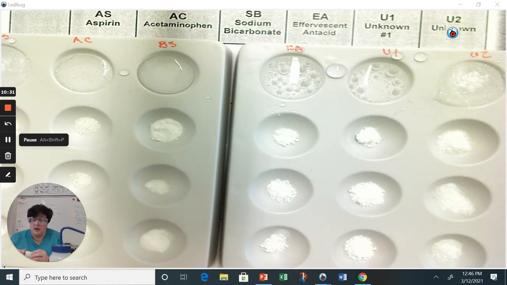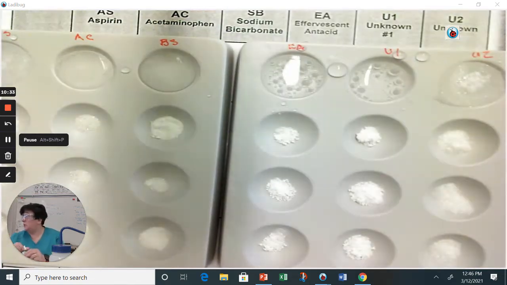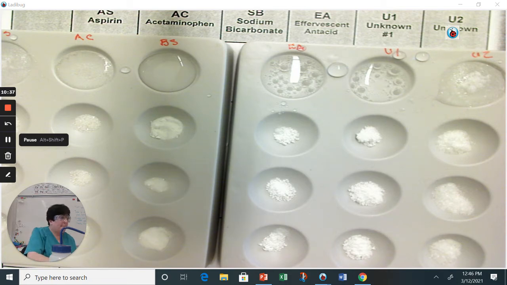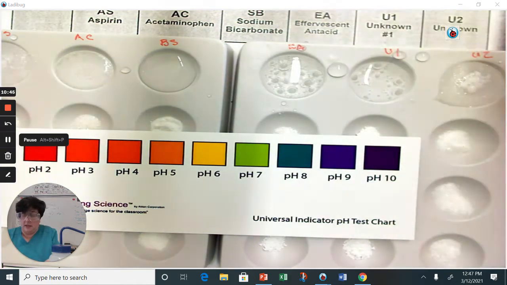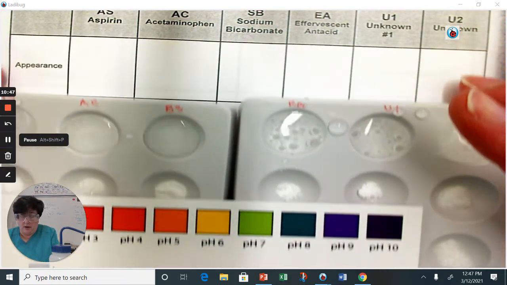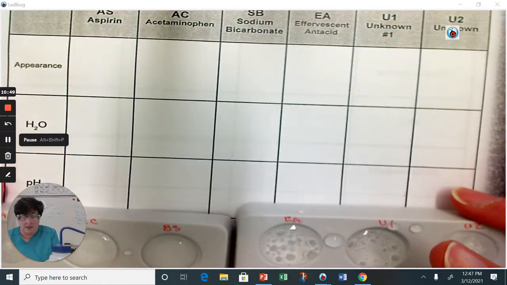I am going to add now our universal indicator. Oh, where is my thingy? Hold on. Here is our reference. So now on your data table, we are now where it says pH.